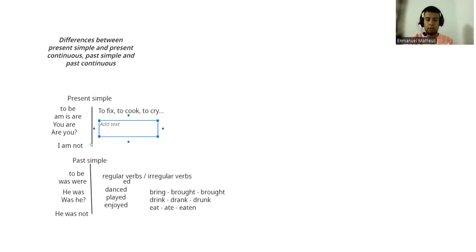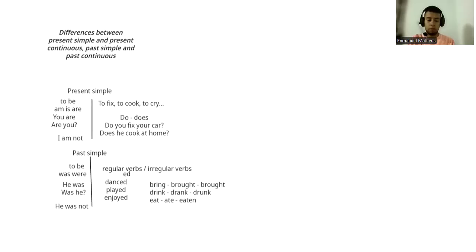Let's say, does he cook at home? When we are comparing the past, we don't use do or does, but the sentence is quite similar. For example, did you enjoy the party? Okay, so this is the first comparison.